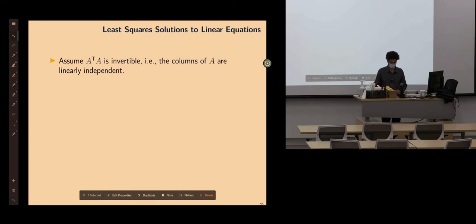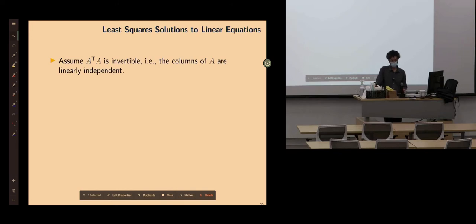So this type of problem leads to the least squares solution. So the least squares solution is for finding the minimum error solution, the solution that gives you the least squared norm answer for linear equations. That's what it does.